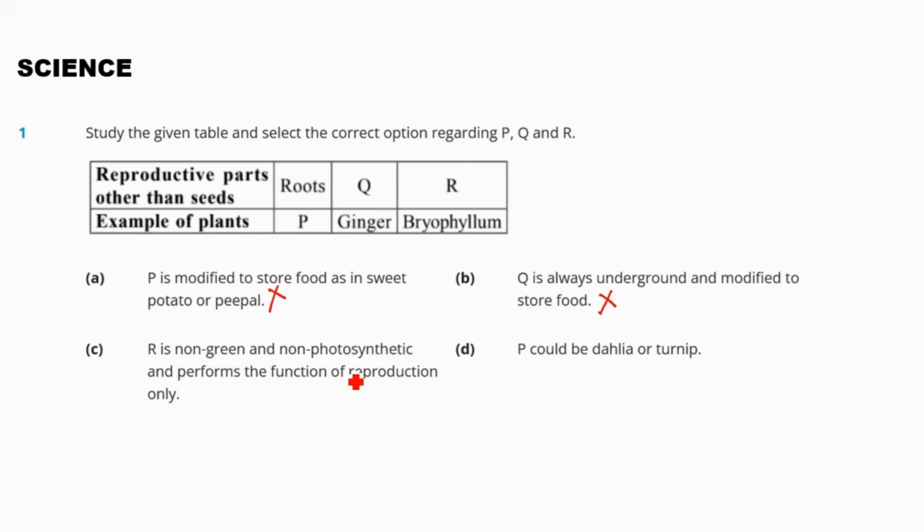Bryophyllum is not non-green, it is photosynthetic. So this is also a wrong statement. P could be dahlia or turnip. P is root. Yes, dahlia and turnip are roots and they propagate through their roots. So this is the correct answer for our question number 1.